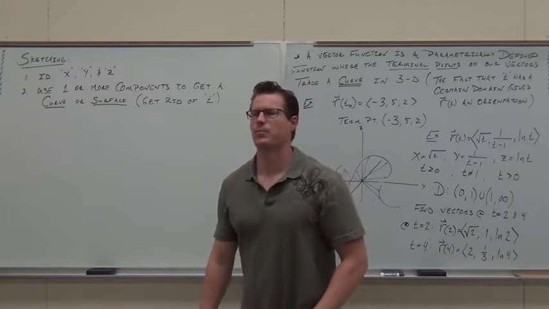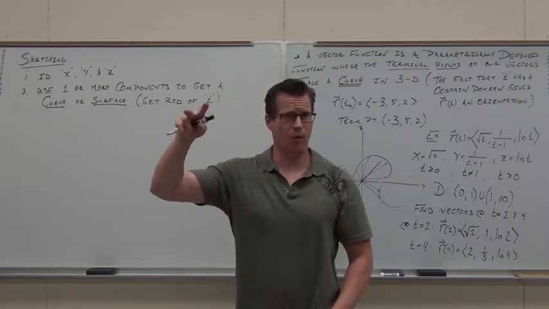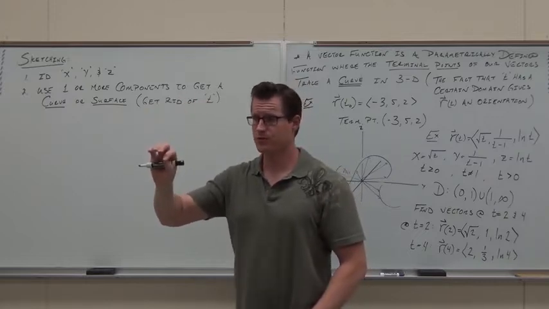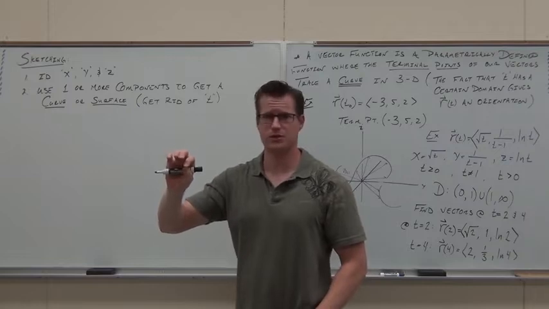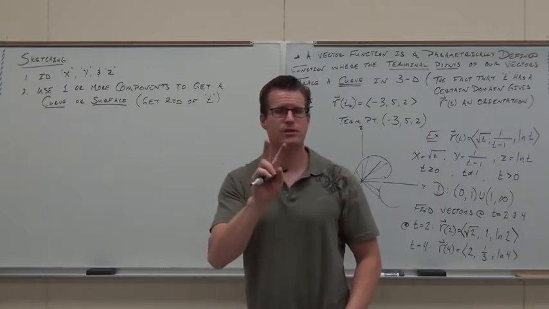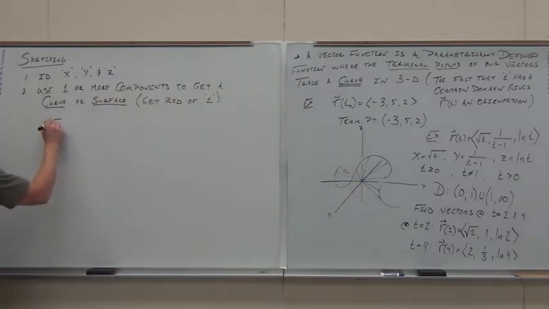Okay, here's the deal. If you only have 2 components like X and Y or Y and Z or X and Z, the curve that you find will be just a curve, not a surface, and it's going to be on a plane. So for 2 components, sketch it on a plane.